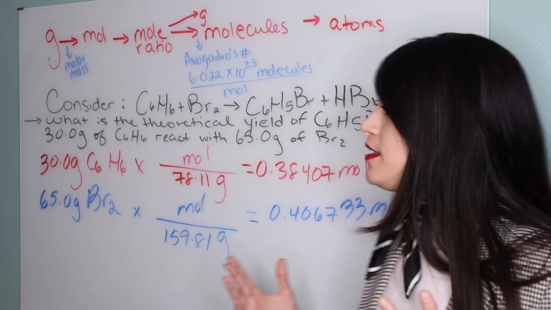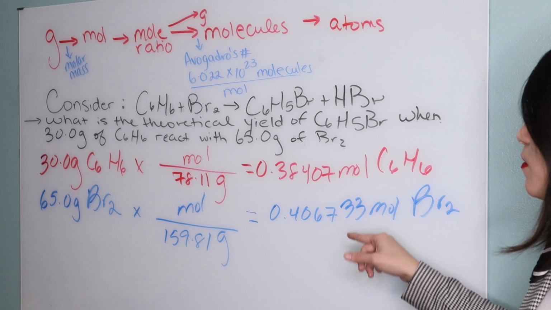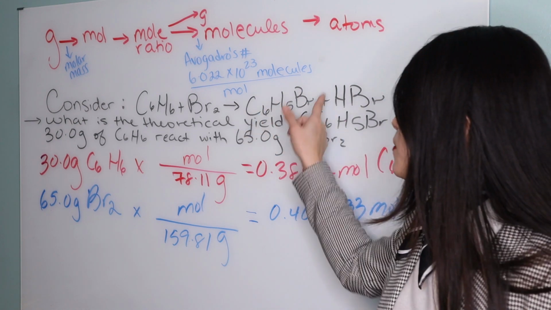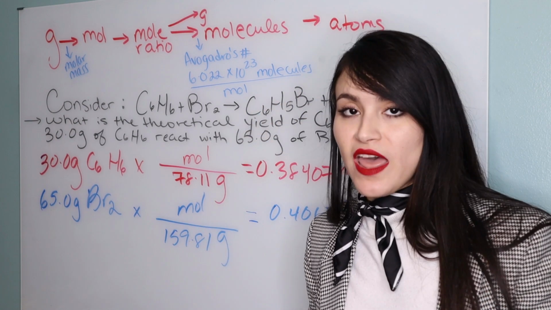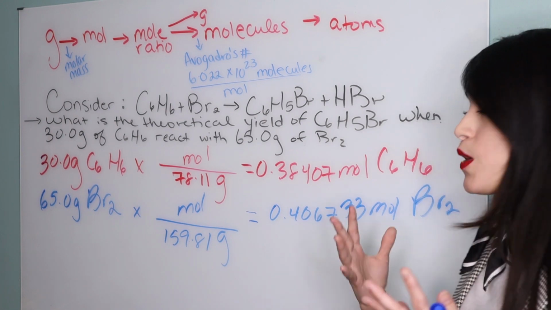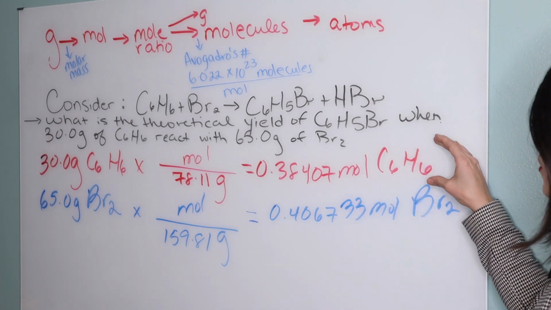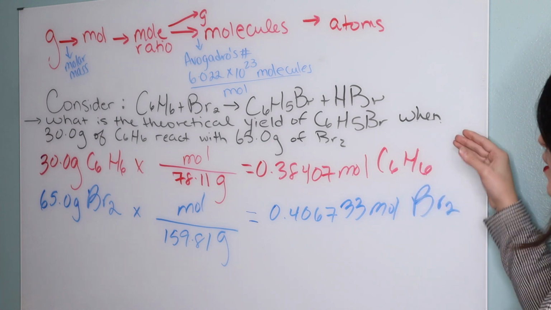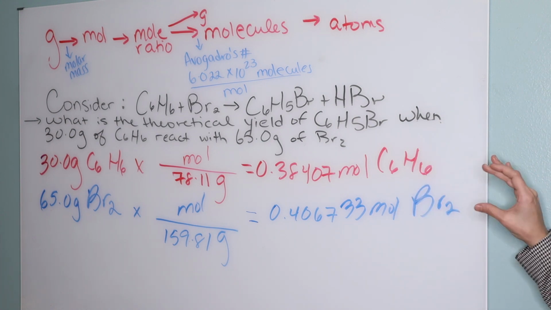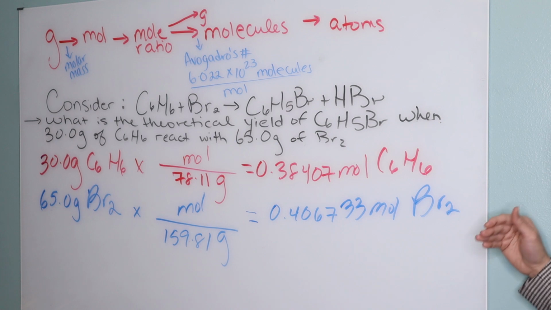You cannot determine, based on the moles that we have right now, which of these two is going to be able to give you the least amount of moles of the product. So what we will have to do is use the mole ratio to get rid of this reactant and come out with a product, and same thing, use the mole ratio to get rid of this reactant and come out with the product. So let's go ahead and do that.